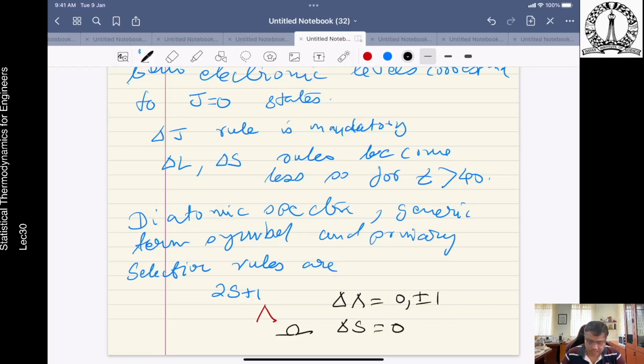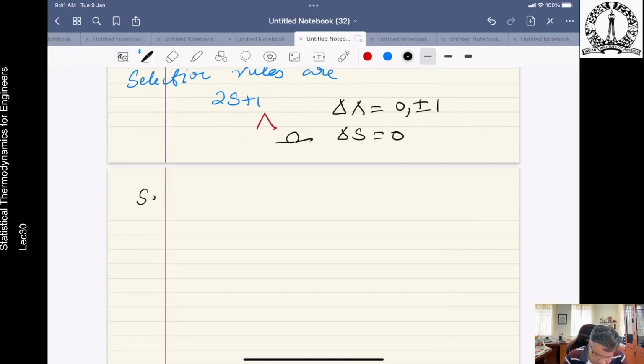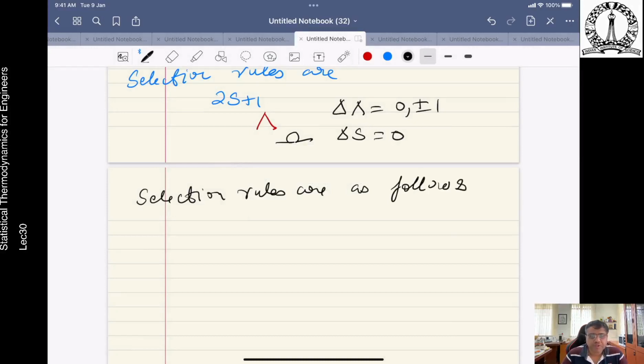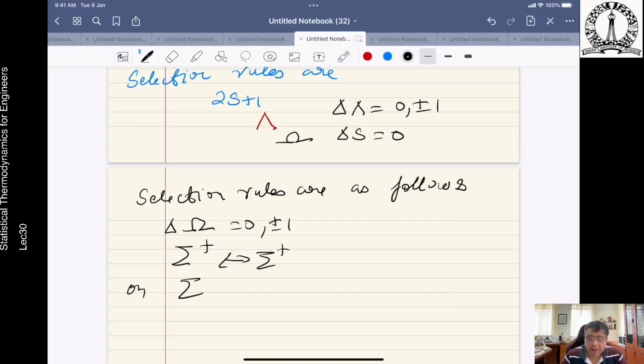Selection rules when needed are as follows.